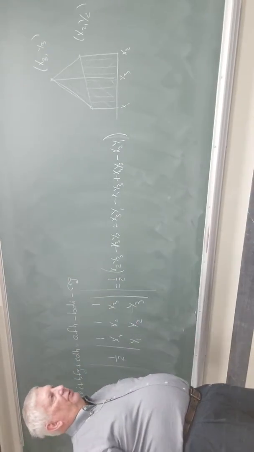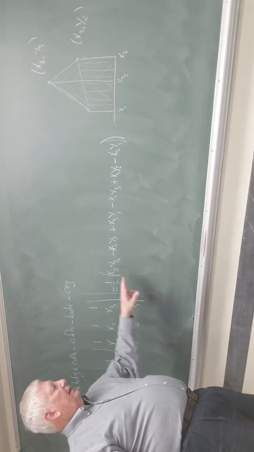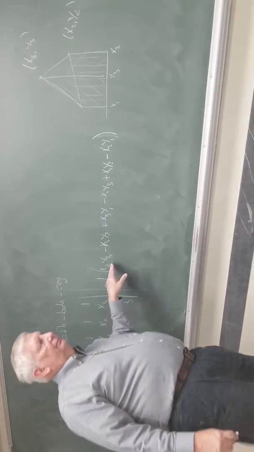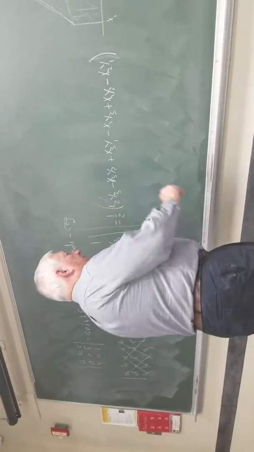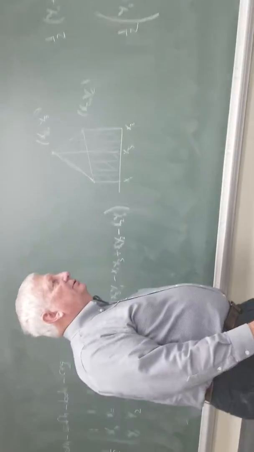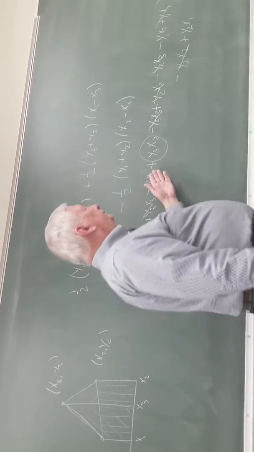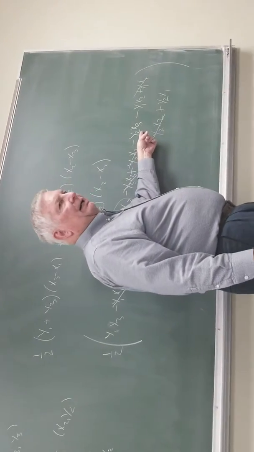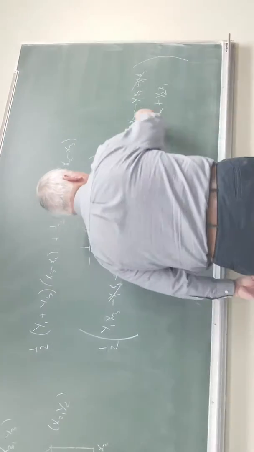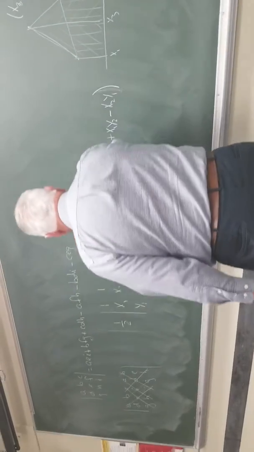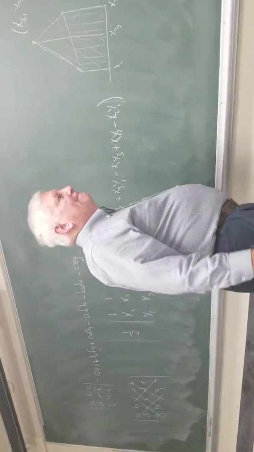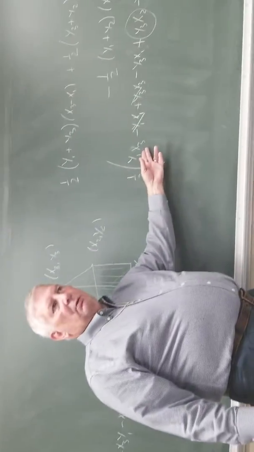Keep in mind though, I wrote those in the opposite order, but let's see. Is there an x2, y3 over there? Plus x2, y3. Okay. Is there a minus x3, y2? Minus x3, y2. Is there an x3, y1 over there? x3, y1.